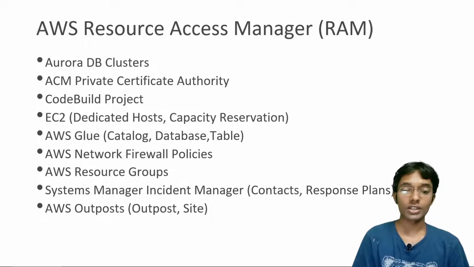AWS Glue is all of the ETL pipeline, the data transformation stuff. Database and table, Network Firewall policies, resource groups, and we have Systems Manager, Incident Manager, Outposts, and the list goes on and on, and it will not be updated here.